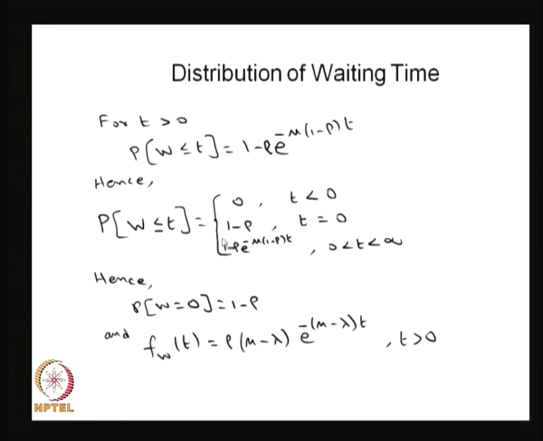Once you get the CDF, you can conclude this is a mixed random variable with the probability mass at 0 equal to 1 minus rho and the density function between the interval 0 to infinity, that is rho times mu minus lambda times e power minus mu minus lambda times t, which is the probability density function for the distribution of waiting time.